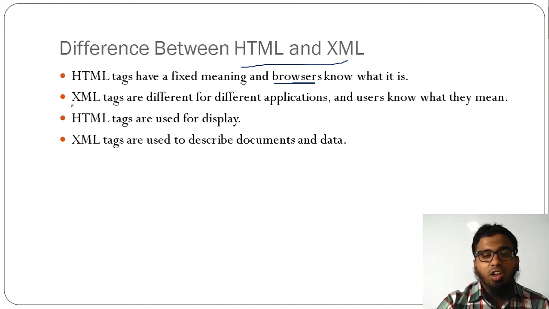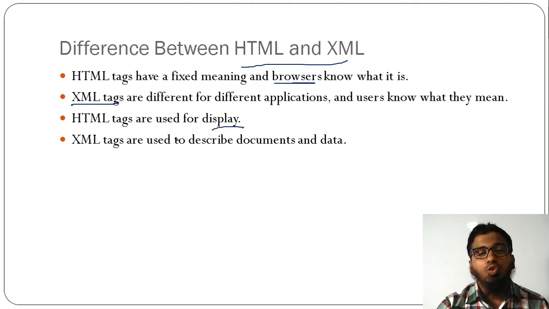Whenever you create a user defined tag, the user must know what it is. So only the user knows what they mean. Okay, in HTML, the browser knows what to do. HTML tags are used for display. Whenever you use an HTML tag, that is used for displaying on the web page. XML is used to describe documents and data.